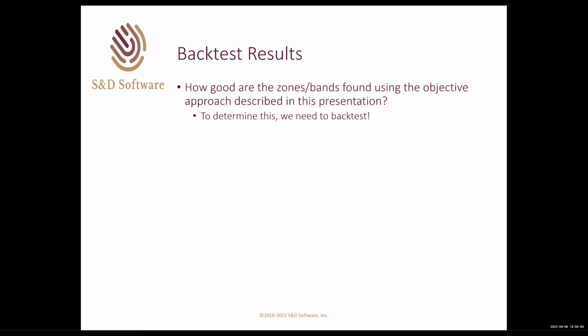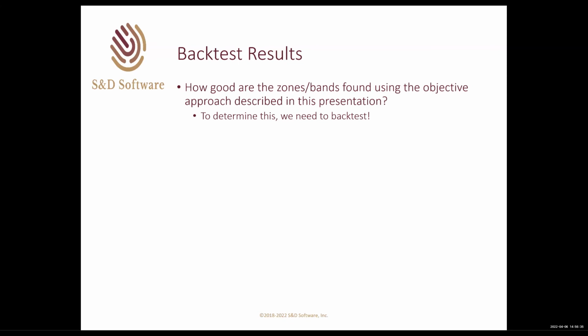But since you're trading your system and looking at the results of your trades, that makes it difficult to determine what the performance of the zones or the bands were themselves. Why is that? Well, if you remember from part 1 in the supply and demand trading process, there are multiple stages.